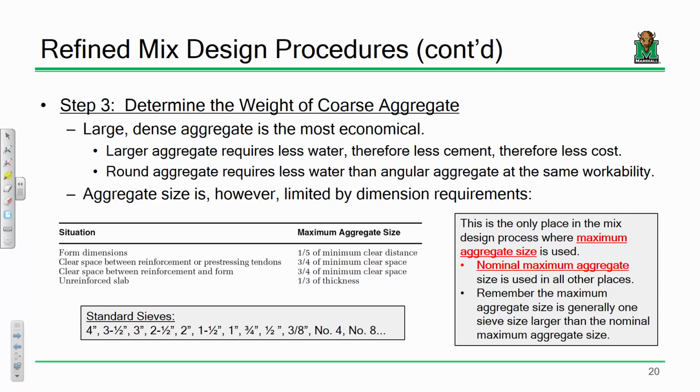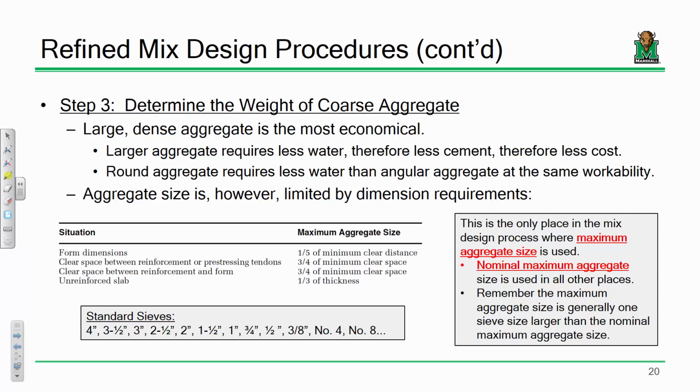Okay. Now you know what the standard sieves are. So if you do your sieve analysis and the 1-inch sieve is the first one going down that retains aggregate, this is your nominal maximum aggregate size. That's your maximum aggregate size. It's the 1.5. Make sense? Everybody okay with that?